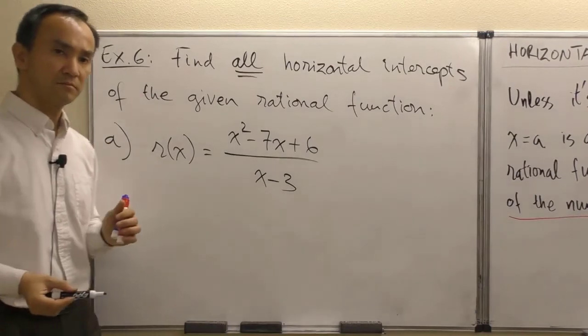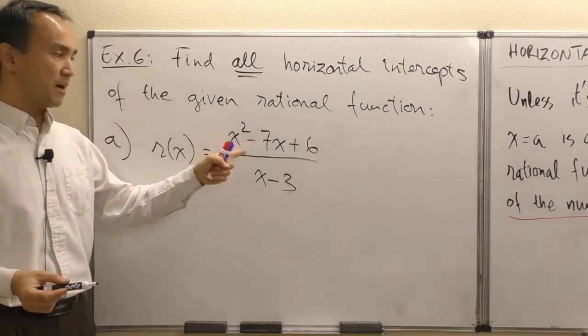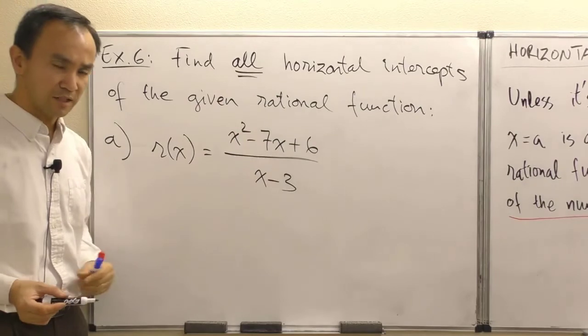R of x equals x squared minus 7x plus 6 all over x minus 3.